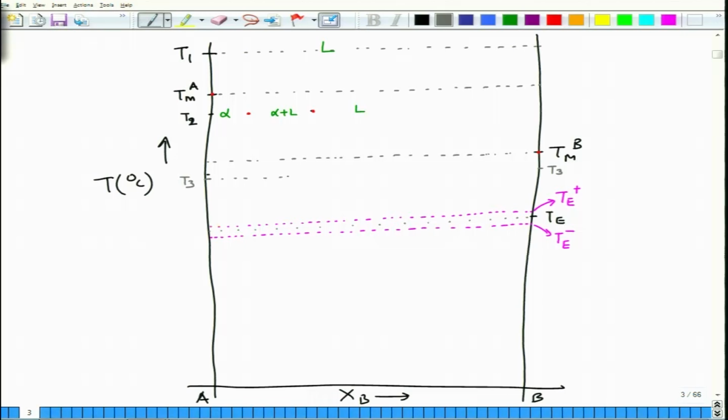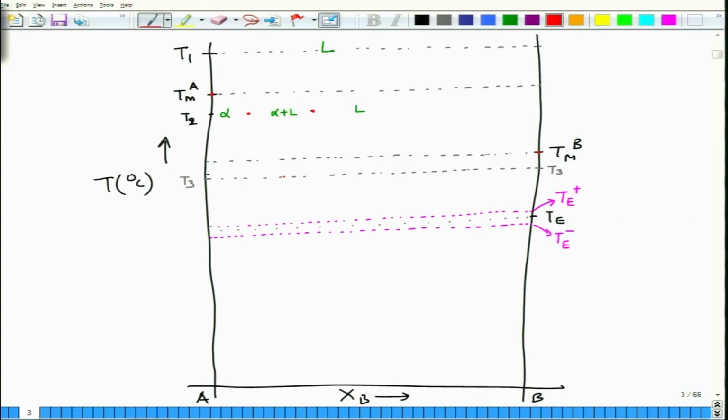Let me draw again a horizontal line at T3. Okay. Now at T3 what we will have is, so this is point A, B. Now we will have C, D, E, F. So let me choose red color. So my next point is, we are at T3.